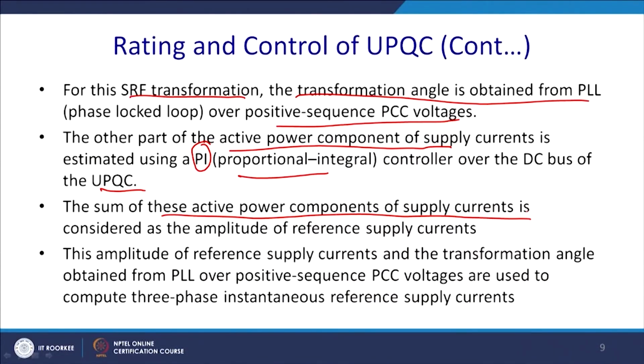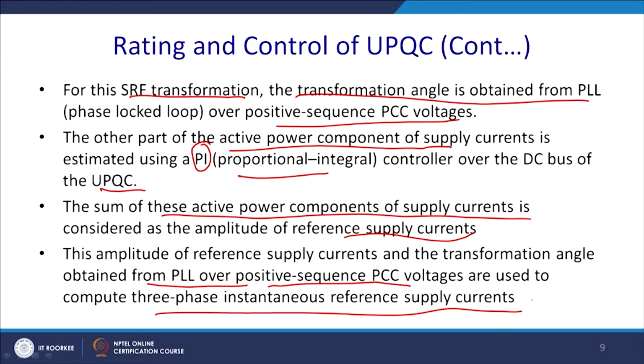After describing, I will explain the block diagram of it. The sum of these active power components of the supply current is considered as the amplitude of the reference supply current. This amplitude of the reference supply current and the transformation angle obtained from the PLL over the positive sequence PCC supply voltage are used to compute the 3-phase instantaneous reference supply current.